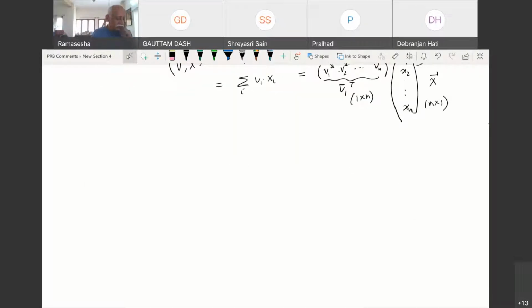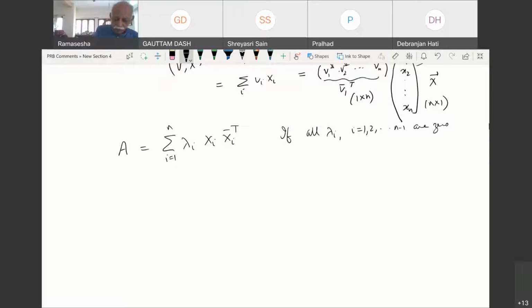Okay. So this is one thing that you know, and then we can also show this result. Supposing I wrote down A equal to the sum over i of lambda_i x_i bar transpose, where the x_i are the eigenvectors, with i equal to 1 to n. If all the lambda_i are 0 except one, then A is equal to lambda_n x_n x_n bar transpose.